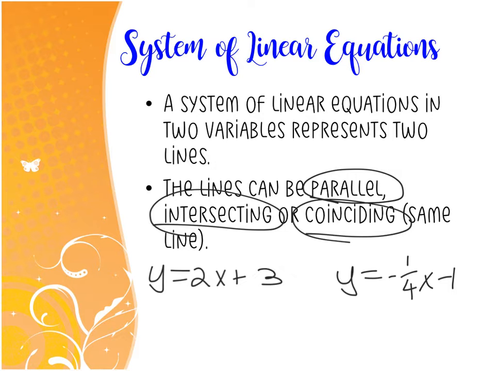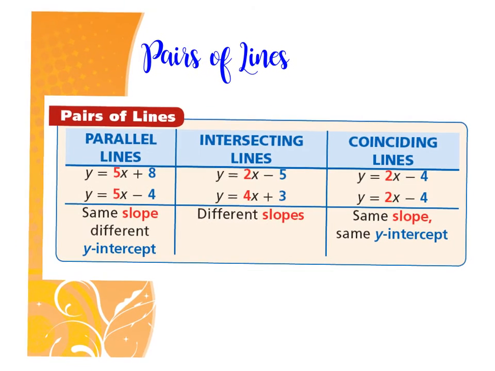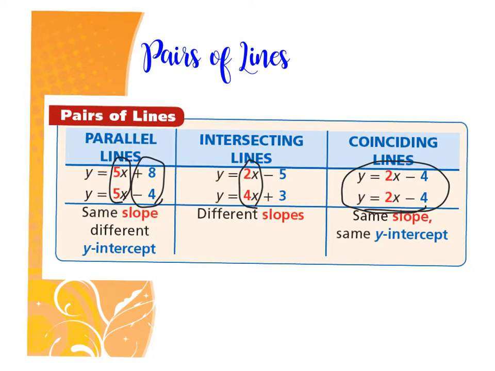And then if they are neither of those, they are intersecting. So here's an example of what those would look like. The parallel lines, again, would have the same slope, but different y-intercepts. So these are the same, but these are not. Intersecting are going to have different slopes, and coinciding will be the same.